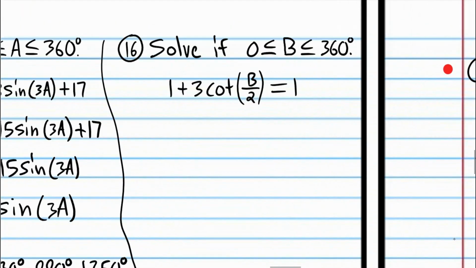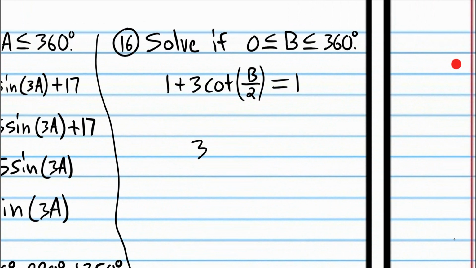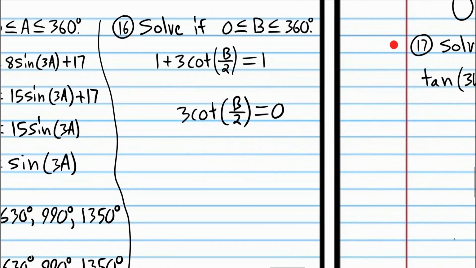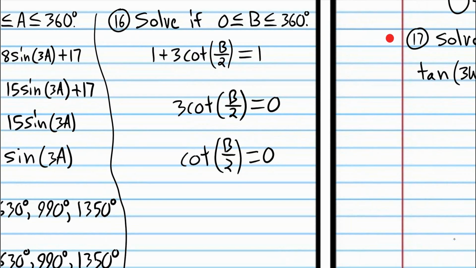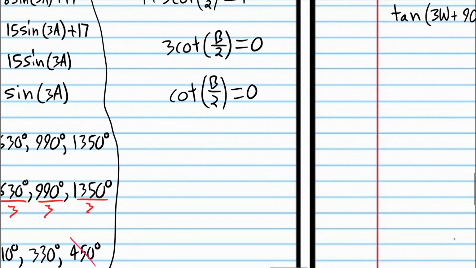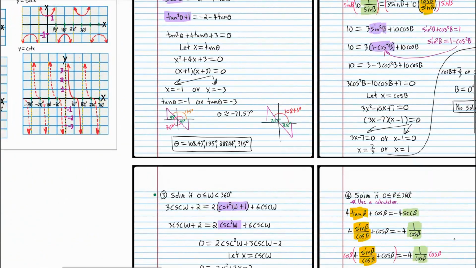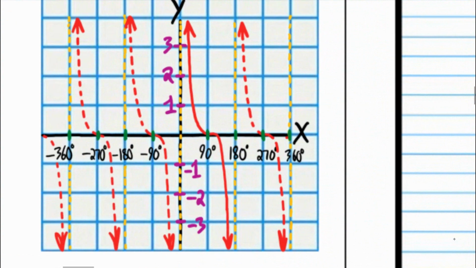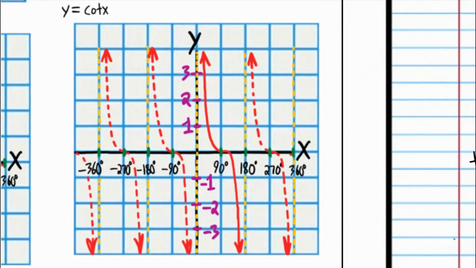Okay, we're back. I'm going to subtract 1 from both sides, and I'm going to divide both sides by 3. And when cotangent is 0, again, we have a collapsed triangle. So let's go to the cotangent curve. And what are all the points on the cotangent curve that have y values that are equal to 0? We have this point, and this point, and this point, and this point, and this point.